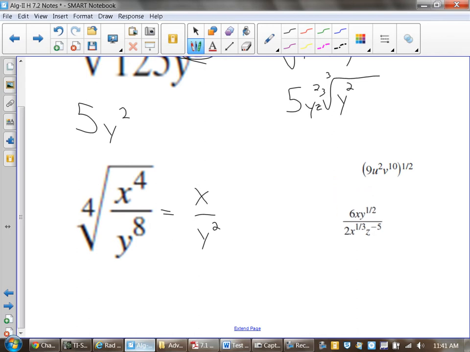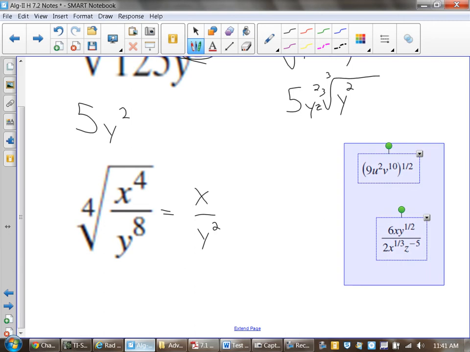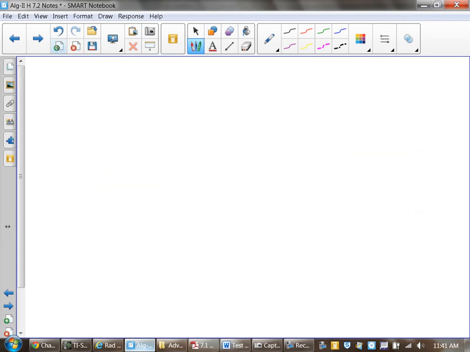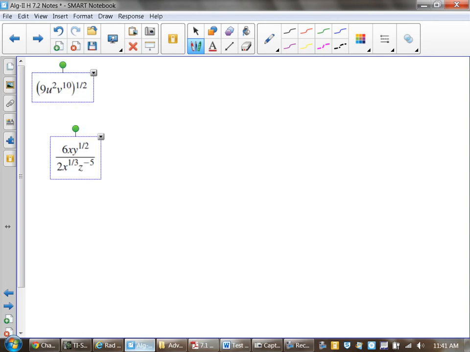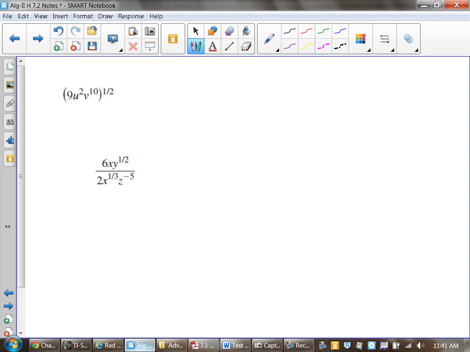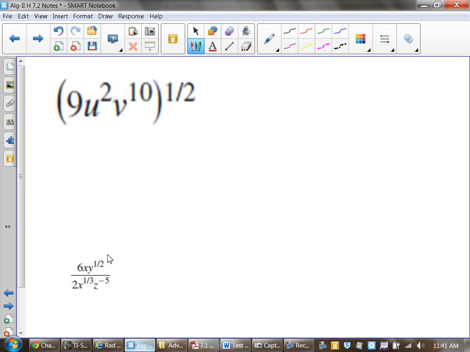When he deals with the exponents, that's where some of you still tend to struggle a little bit with the exponent rules. 9u squared b to the 10th, all to the half power.